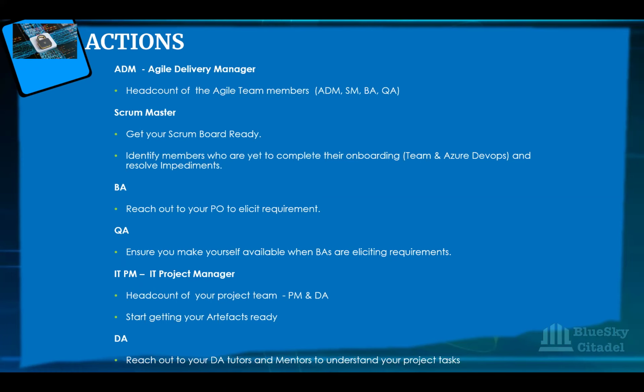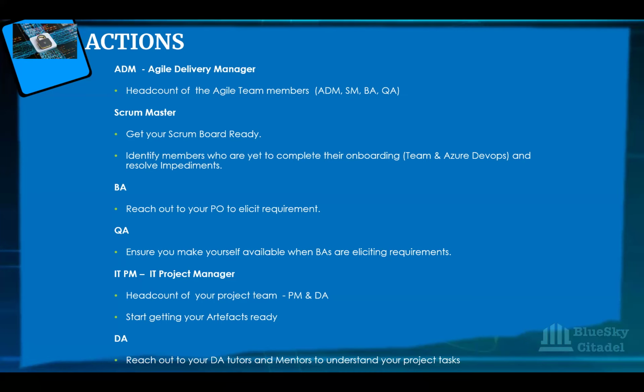All right. So for the QAs, I would advise that you make yourself available when the BAs are eliciting requirements from the product owner. You are not going there to take their show. It's their show, okay? You can ask questions if you're not clear. However, let the BAs lead that process and observe them.